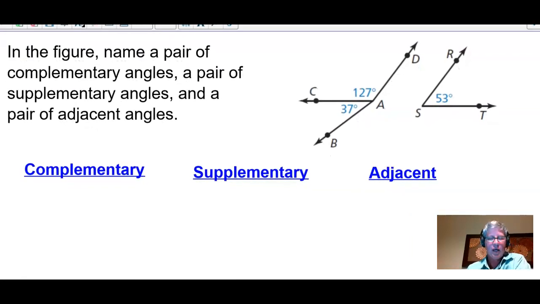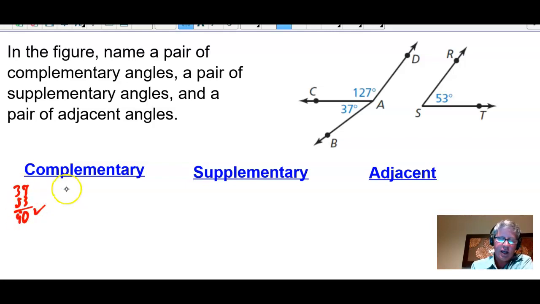So complementary, any two angles that add up to 90. Well, 37 and 127 definitely don't. 53 and 1, no. What about 37 and 53? So 37 and 53, let's check it out. 37, 53, oh, 90 degrees, check.